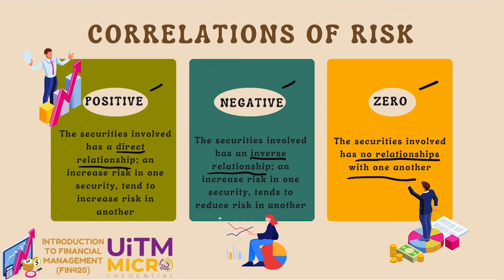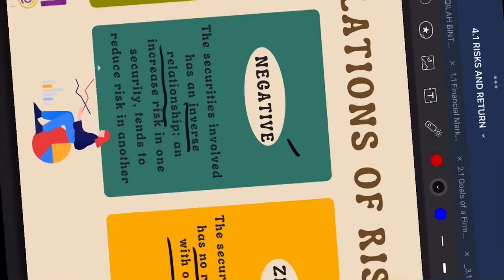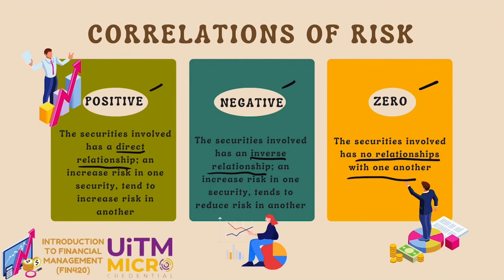As a conclusion, throughout this module you have learned about the types of financial markets and business organization in chapter 1, then in chapter 2 you learned about the goals of the firm, and then in chapter 3, you learned about the functions of financial manager. And lastly, in chapter 4, you learned about the risk and return relationship.